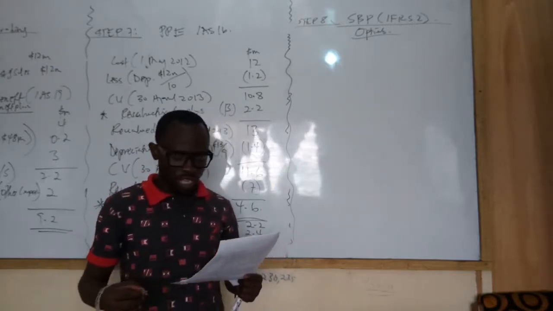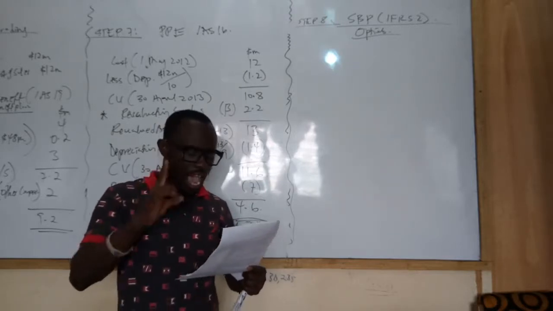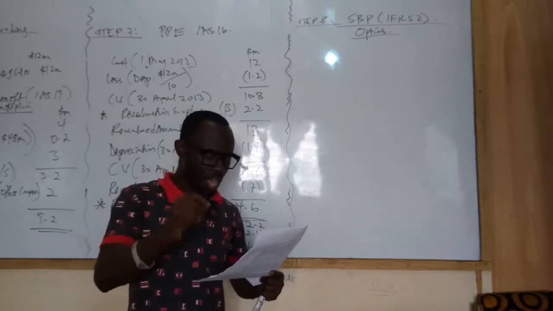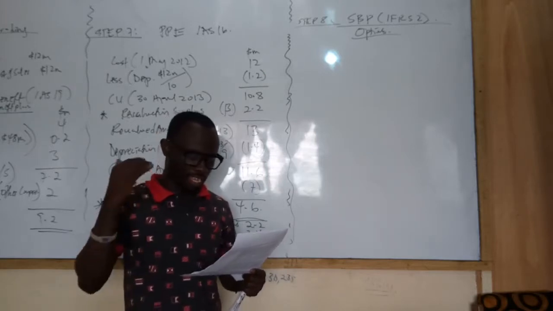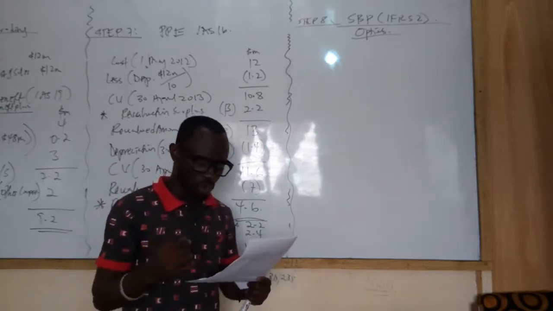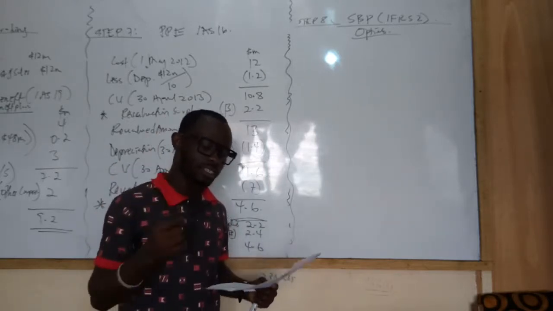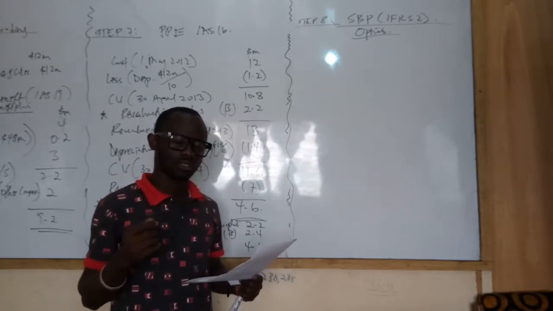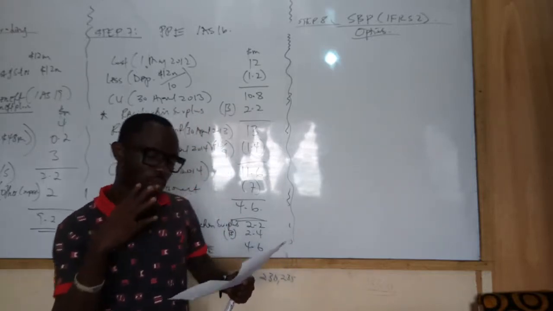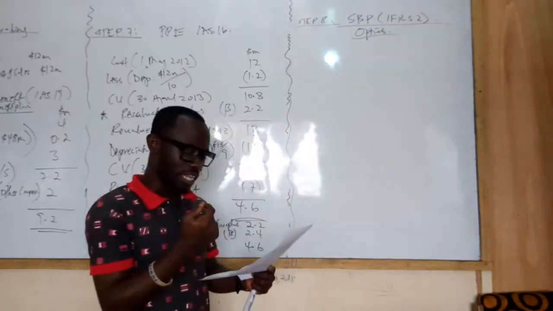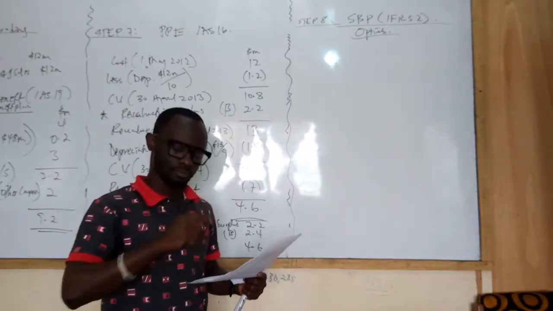The fair value of each option at the grant date was $100, and the fair value of each option at 30th April 2014 was $110. So there are two fair values here. One was at the grant date and one was at the year end.